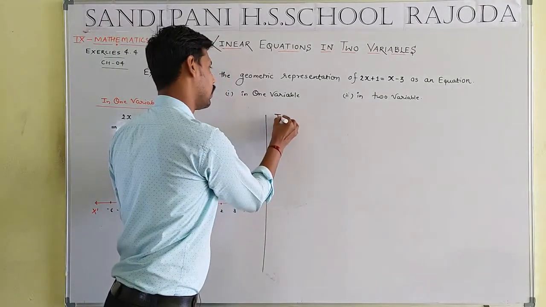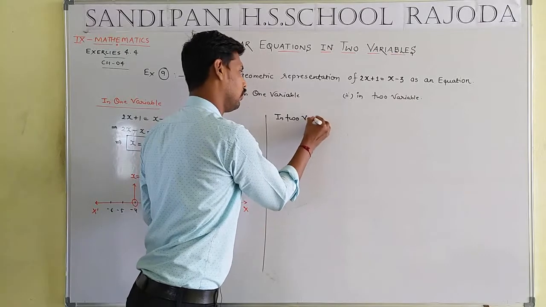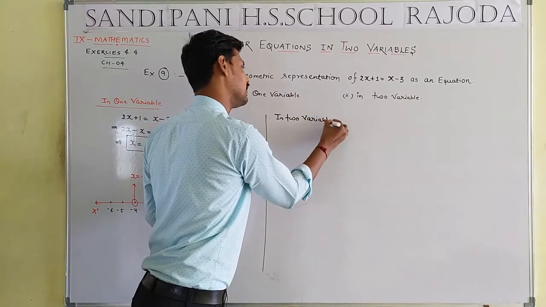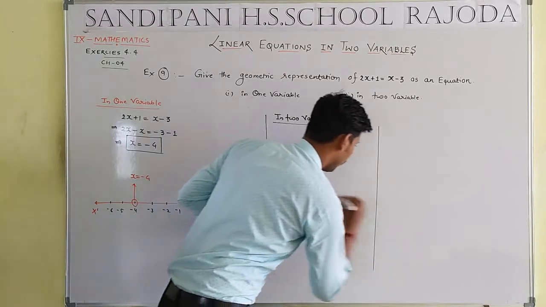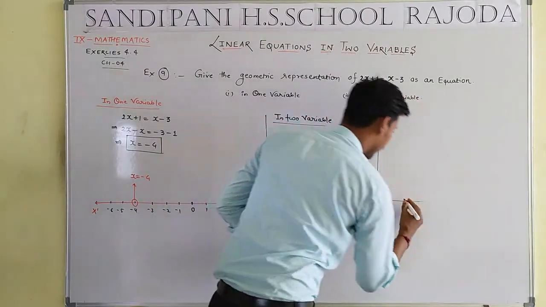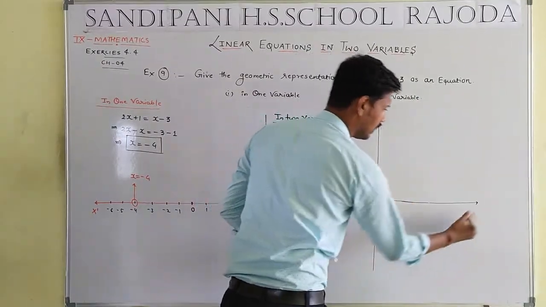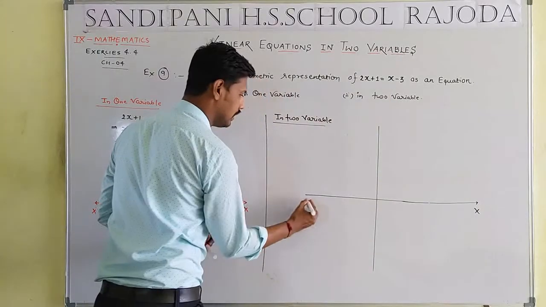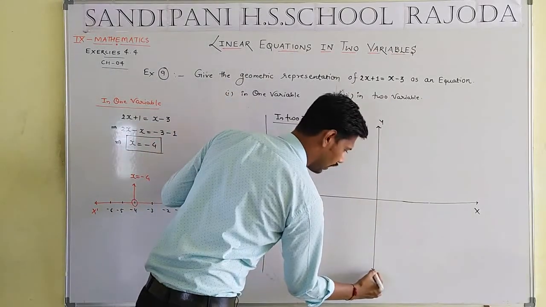In the case of two variable, that means graphical representation between the two perpendicular lines. Perpendicular lines, that means a x-axis and y-axis. Let me consider this is x, this is x dash, and that is y dash.